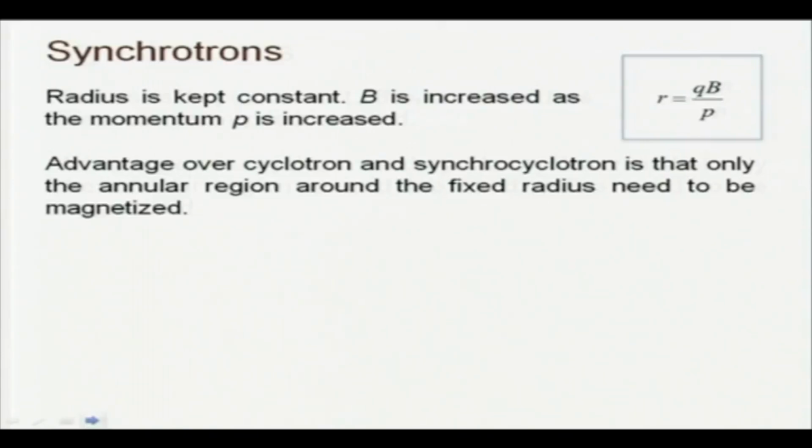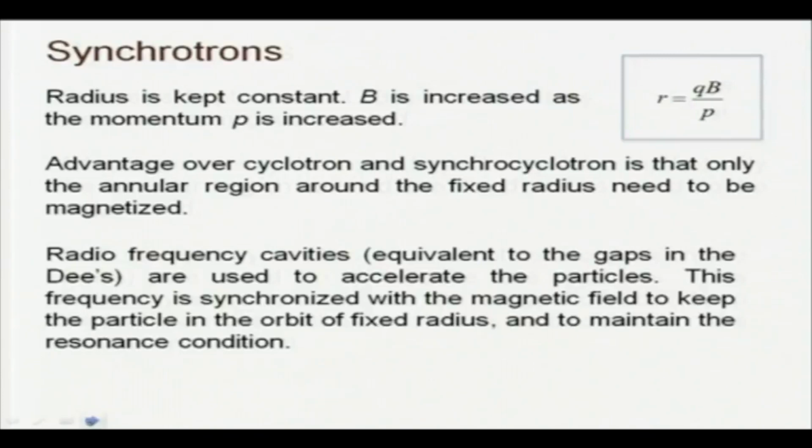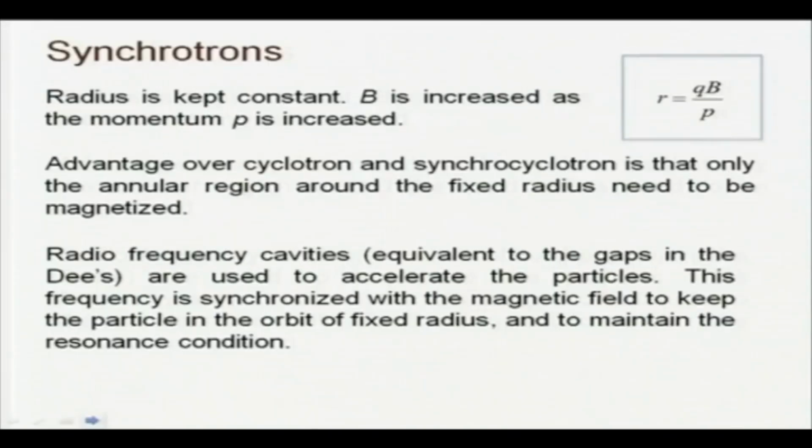So, what is done is that some radio frequency cavities are kept in different regions along the annular region, along the radius, the frequency of which is synchronized with the magnetic field and the speed of the particle, etc. So, these particles will be accelerated whenever they pass through these RF cavities.